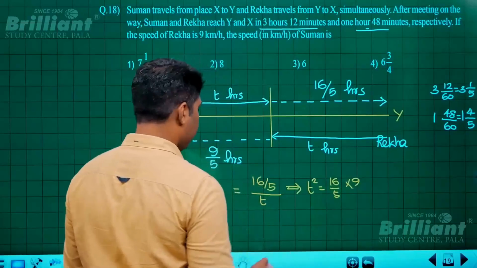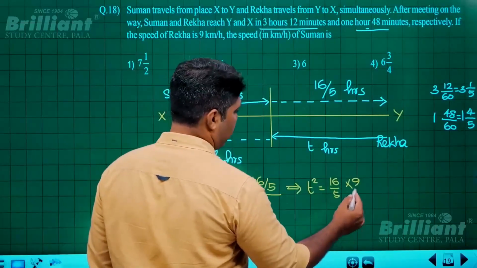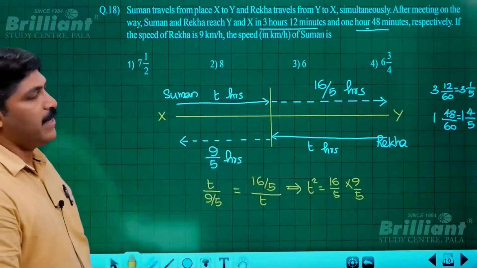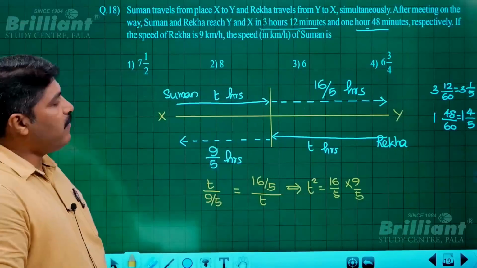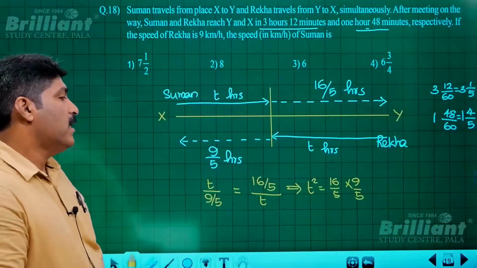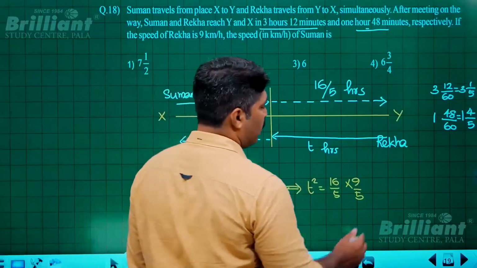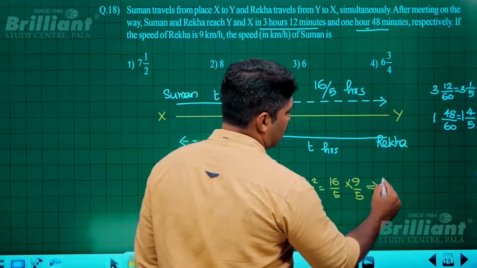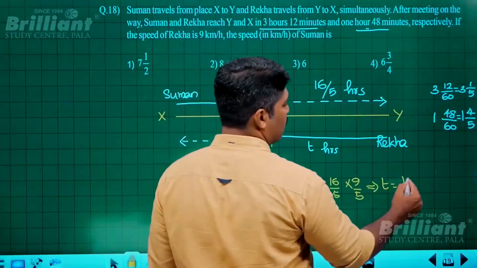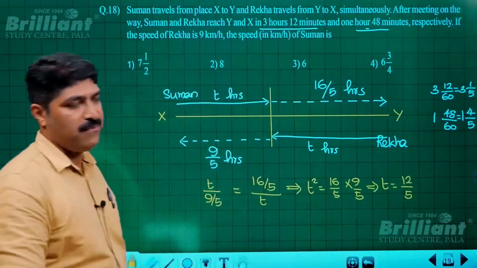Whenever we multiply these values, 16 by 5 and 9 by 5, this is T square. So what is the value of T? The square root of 16 is 4, 4 into 3, that is 12 by 5. So this T is 12 by 5.